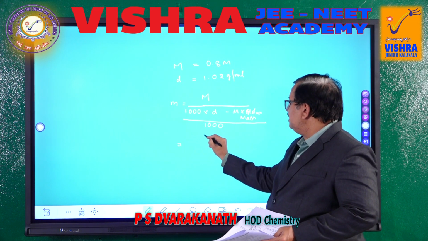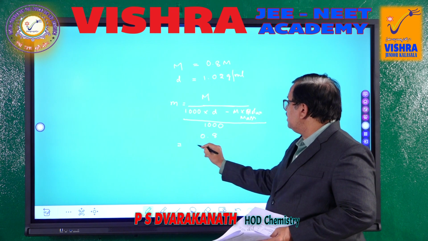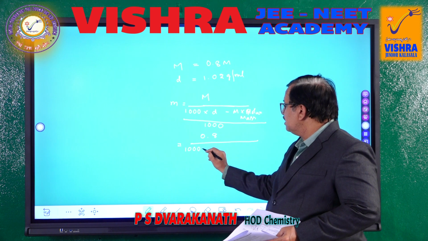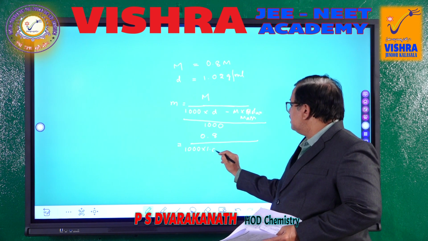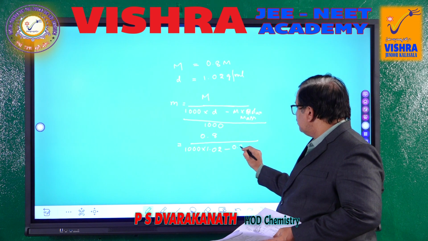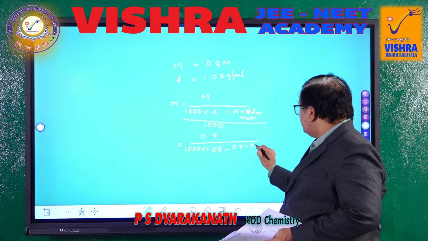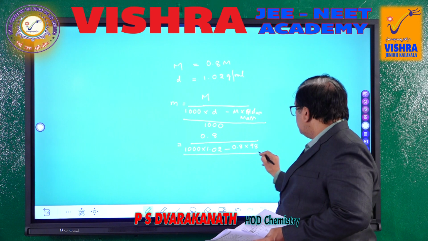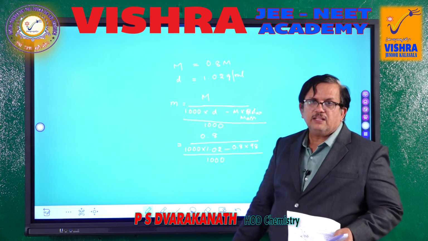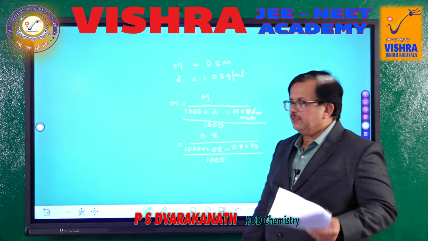What is molarity? It is 0.8 by 1000 into 1.02 minus 0.8 into 98 by 1000. Then you calculate it.